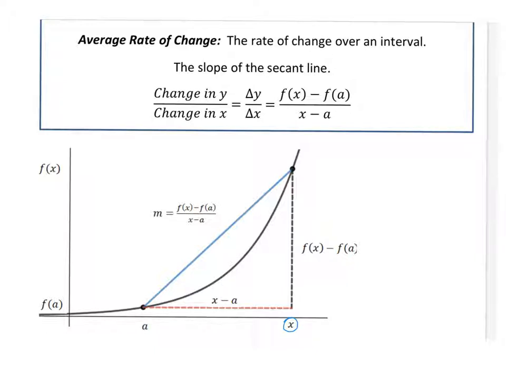Okay, so that x now is just a stand-in for a variable, meaning we're going to keep a as fixed as some important x value that we care about, and we're going to start moving that x value closer and closer to a, and you should observe what happens to the slopes of those secant lines. They start to approach something. Okay, they have a limiting value, and we're going to explore that numerically in the next couple of examples.